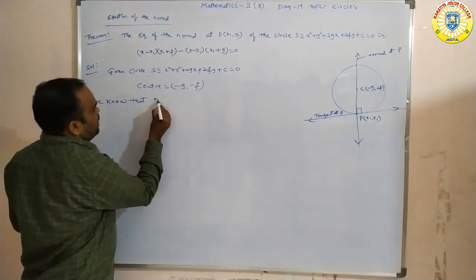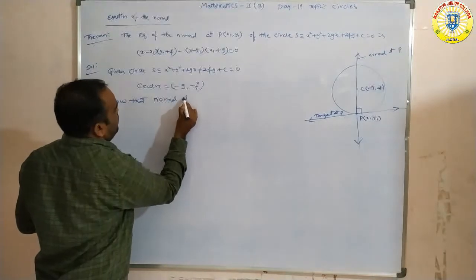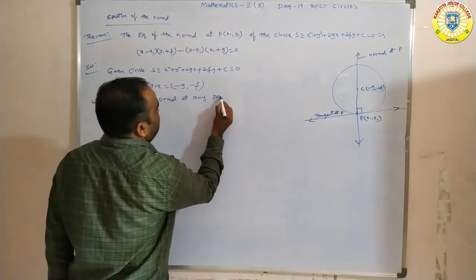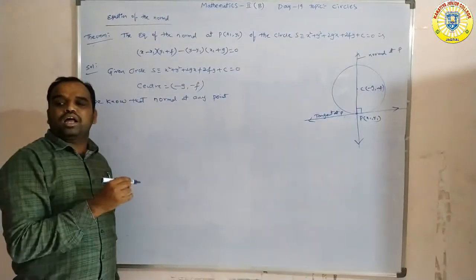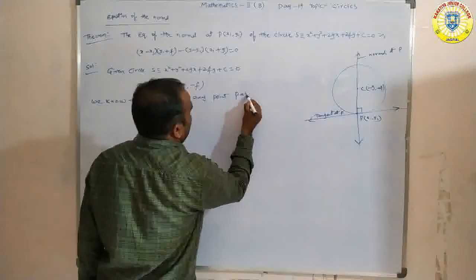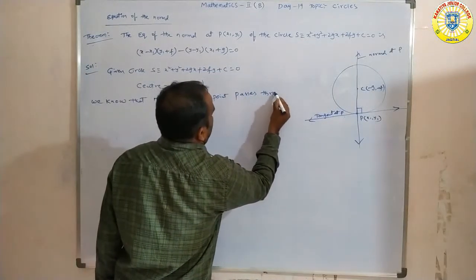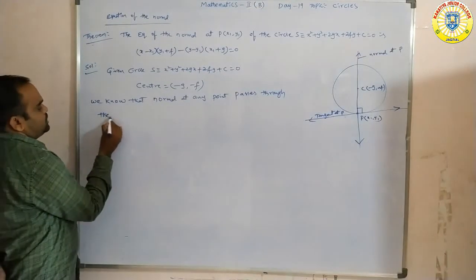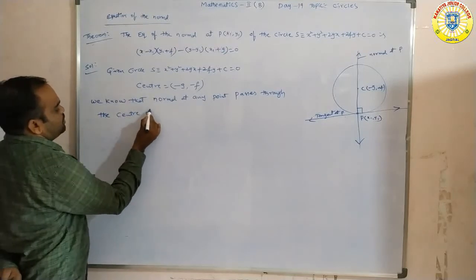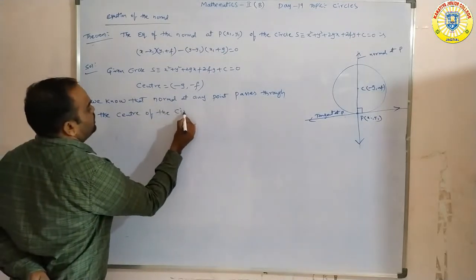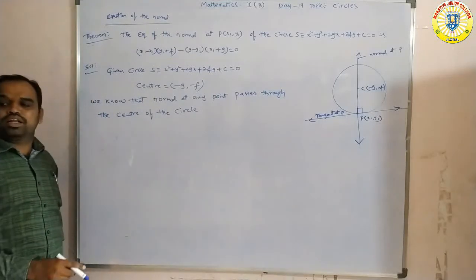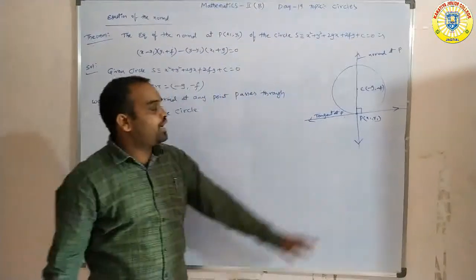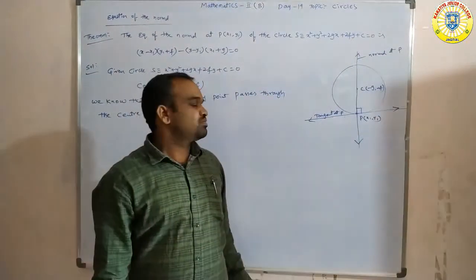So first we are finding the normal that passes through P of x1 comma y1 and also the center of the circle.